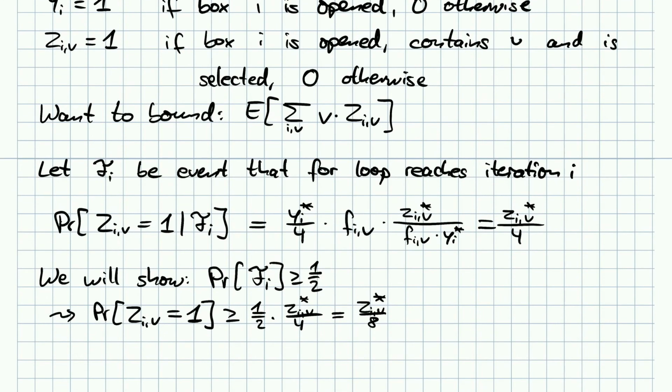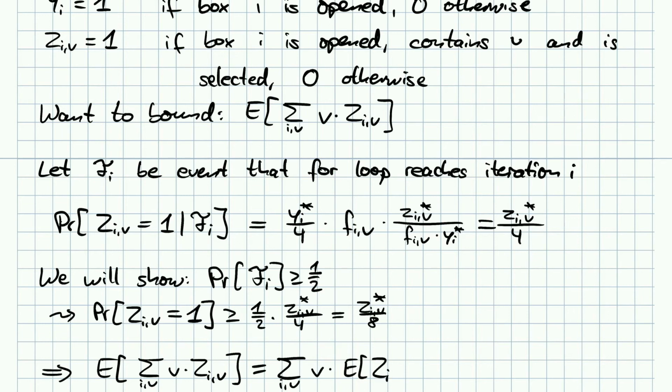And this means that the expectation of the sum of v times Z_{i,v} will be the sum of v times the expectation of Z_{i,v}, which will be at least the sum of v times z_{i,v} star over 8.